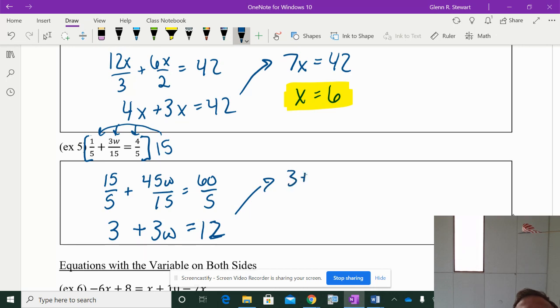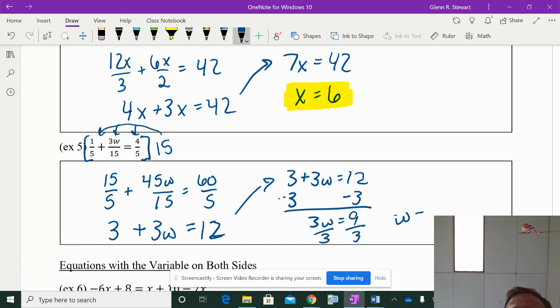So you rewrite up here, 3W equals 12. I'm going to subtract 3 from both sides. So then I get 3W is equal to 9. Divide by 3. W is equal to 3.